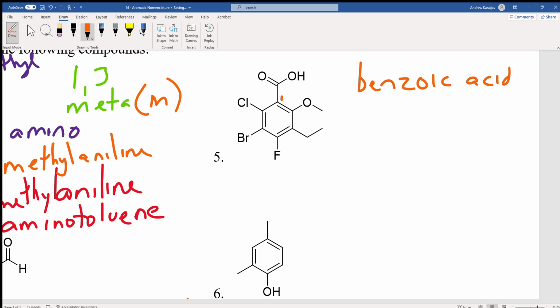So it's just a matter at this point of deciding which direction we need to go. And if we go to the left towards the chlorine, our next substituent is chloro. However, if we go to the right, we get methoxy, which alphabetically comes after chloro. And so that tells us we're going to go in this direction.